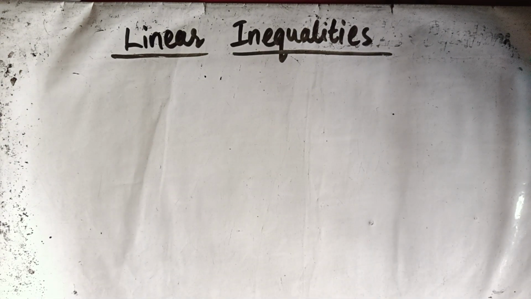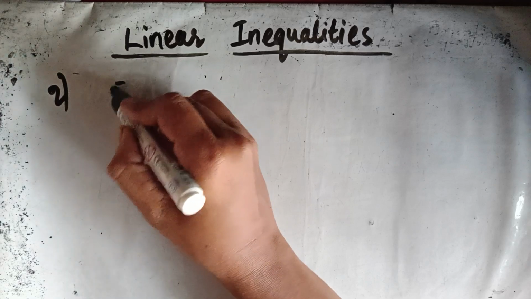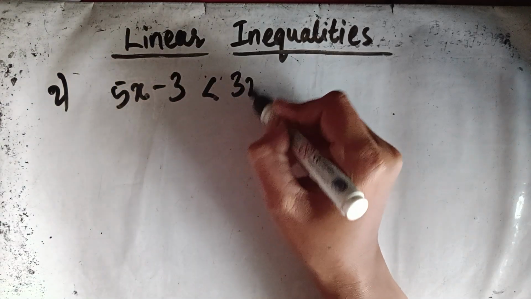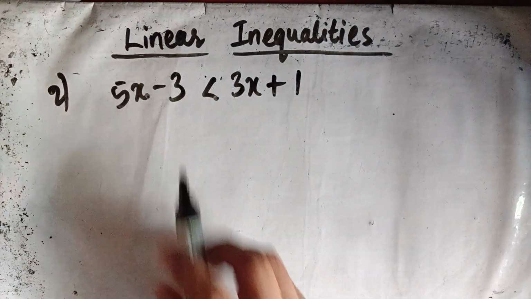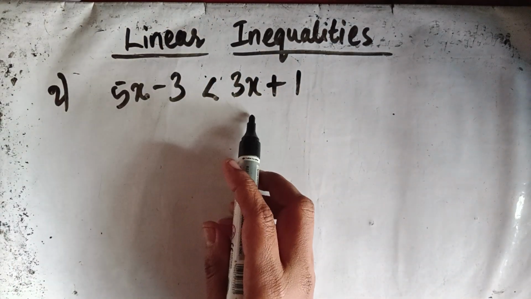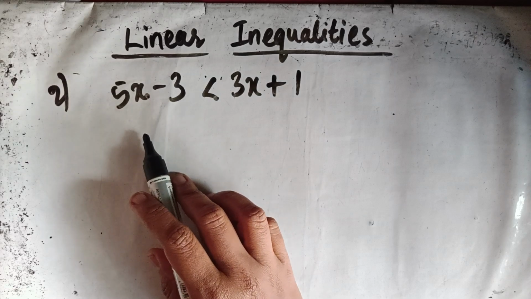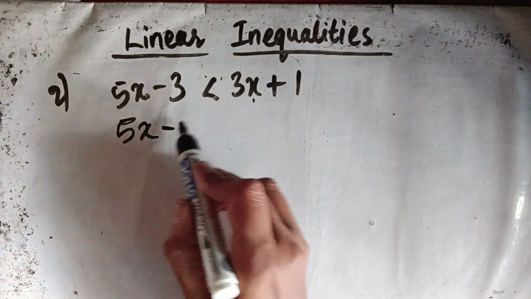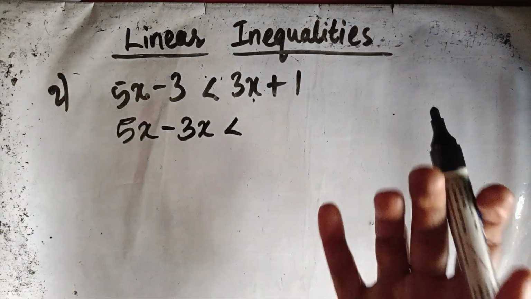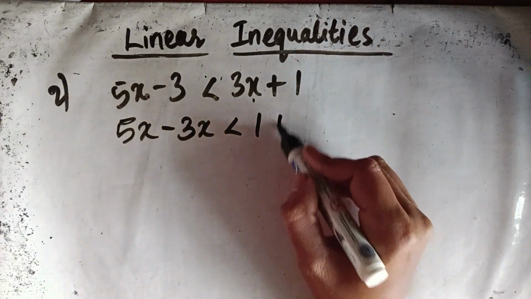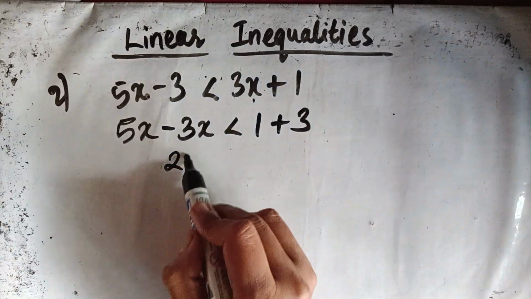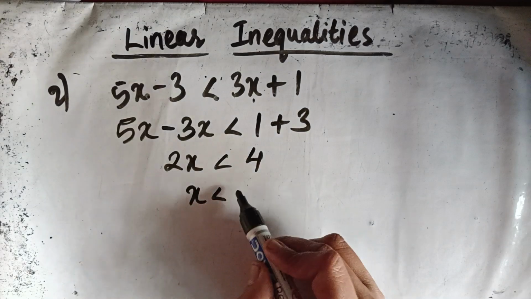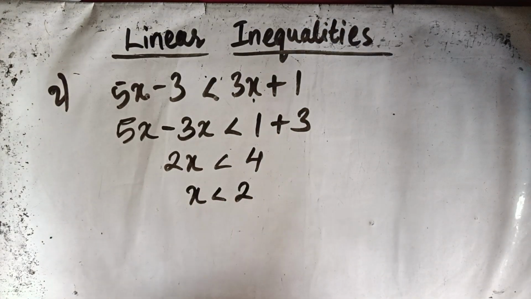Now you have to solve 5x minus 3 less than 3x plus 1. Using the rules you can solve, or you can do it like this also. I'm taking 3x to this side, it's like solving an equation only. Plus 3. So this is 2x less than 4. Dividing by 2, we get x is less than 2.